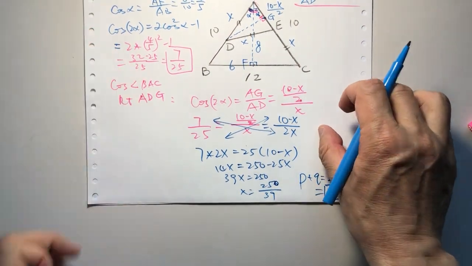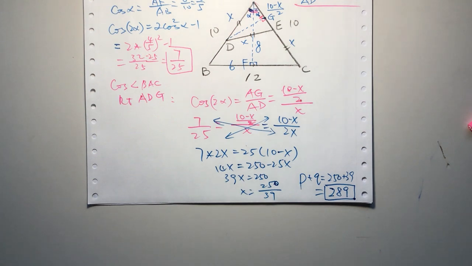So for this problem, I believe we have a lot of different ways to solve it, but this way is not a hard idea, and we just use some basic concepts and skills, and it lets us solve it easily.